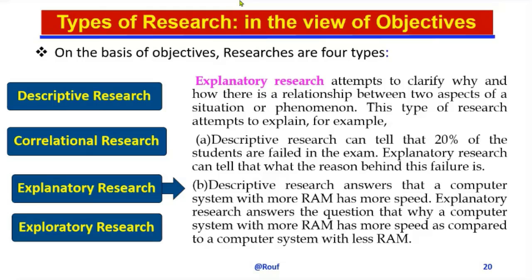For example, number A, descriptive research can tell that 20% of the students failed in the exam. This is the descriptive. And explanatory research can tell what the reason behind this failure is.